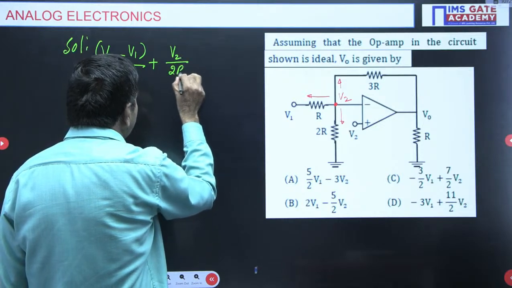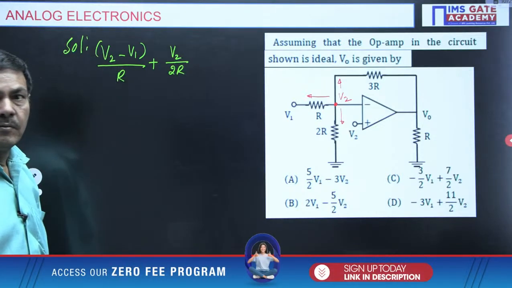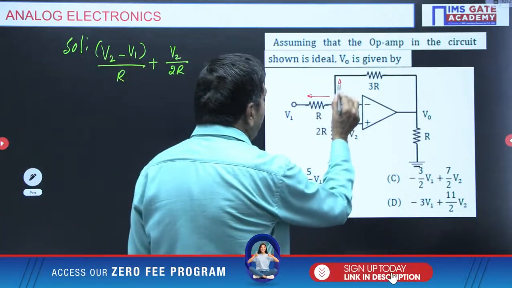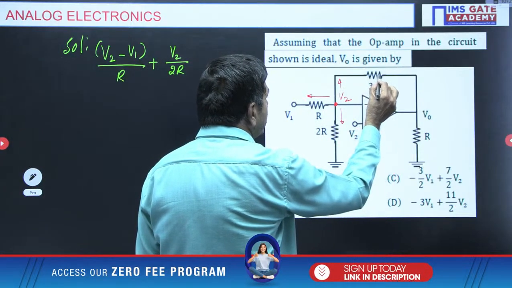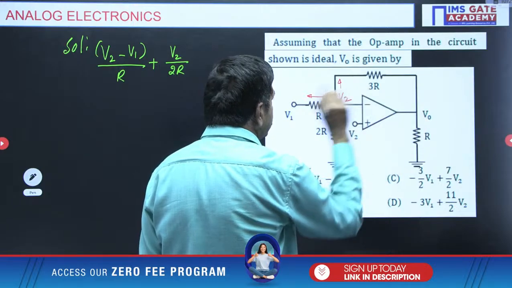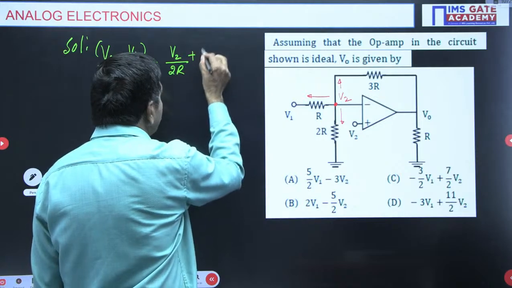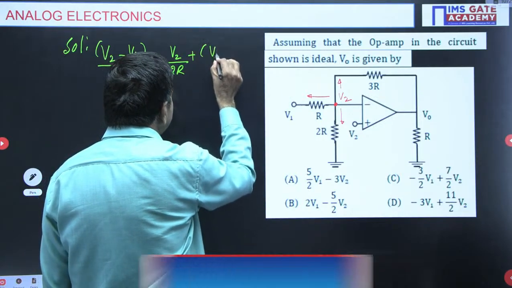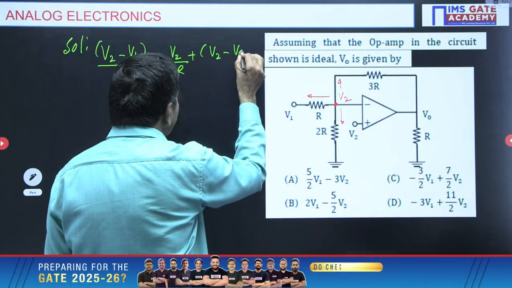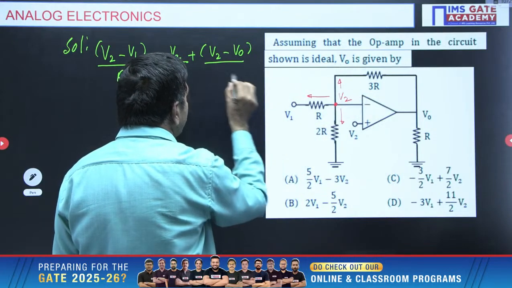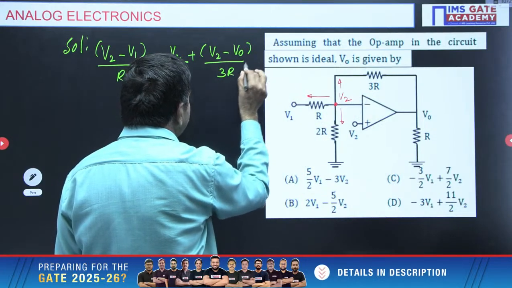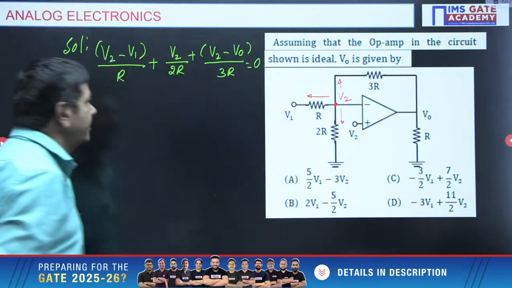What about the current through 3R? Current through the 3R means difference of voltage by resistor: (V2 minus V naught) divided by 3R. This is equal to how much? 0 I can take here now.